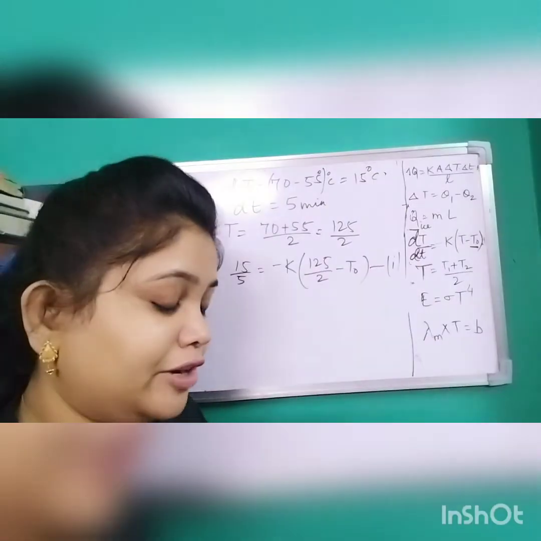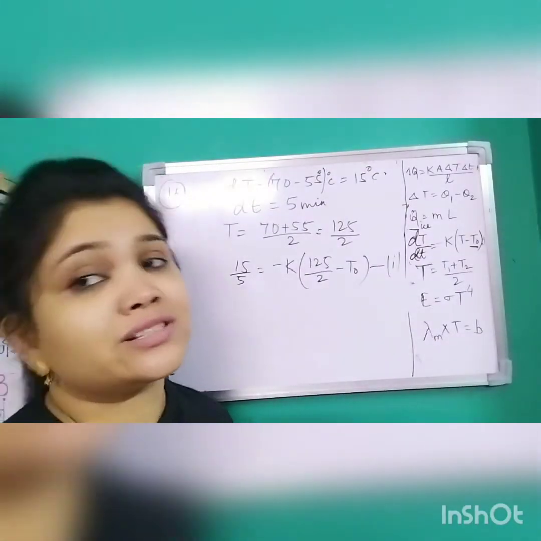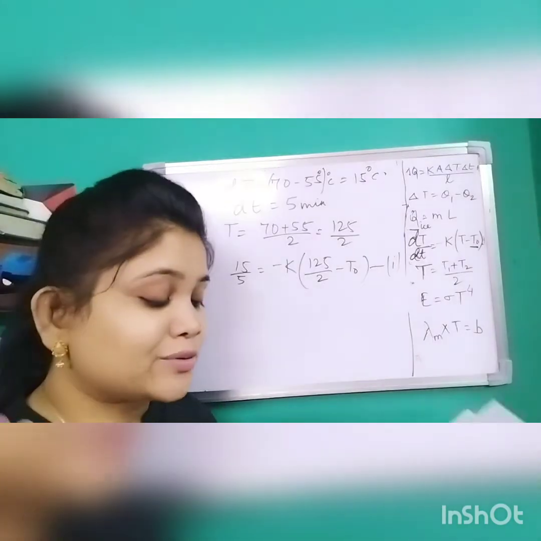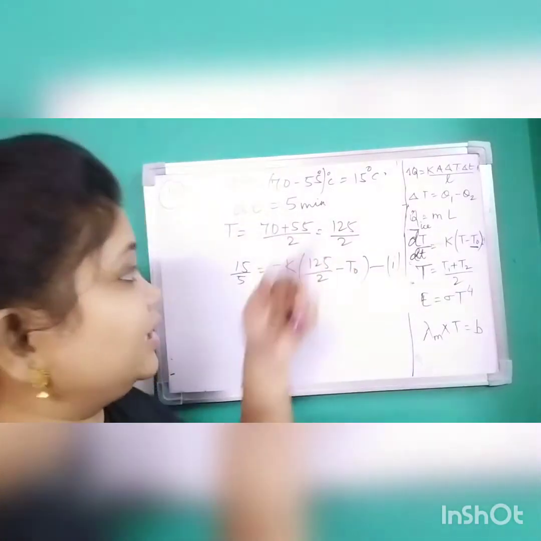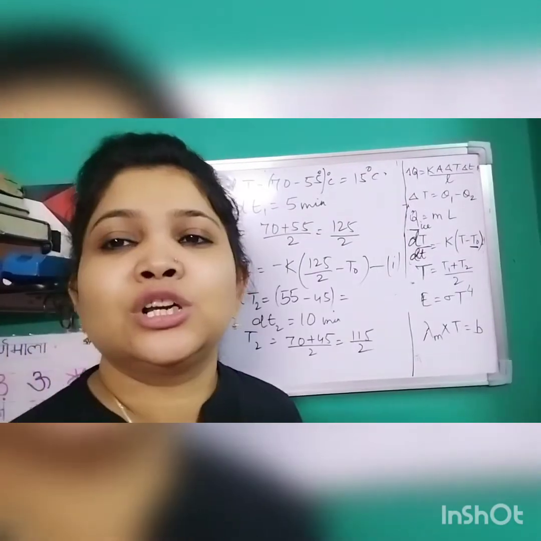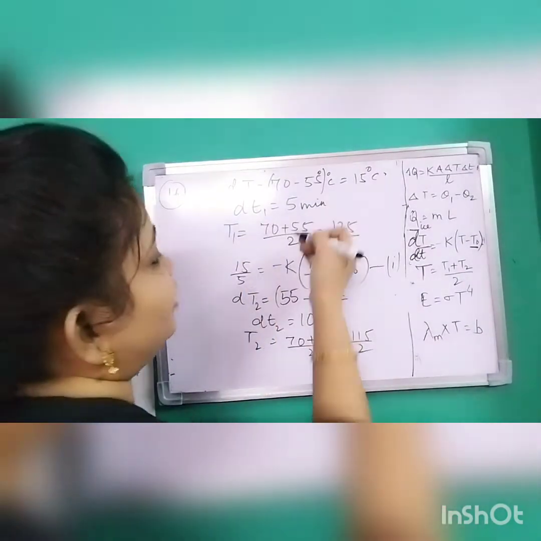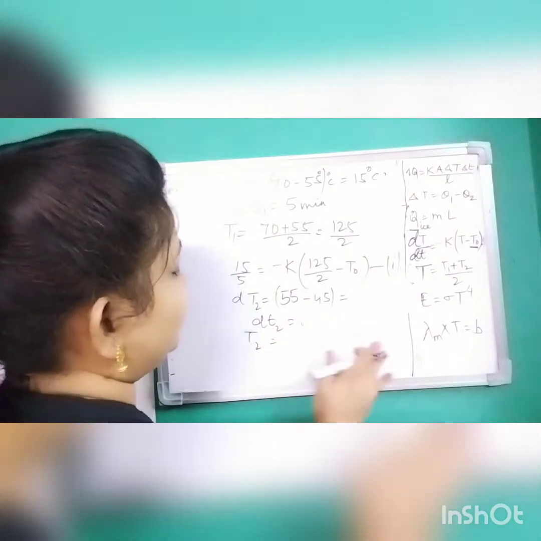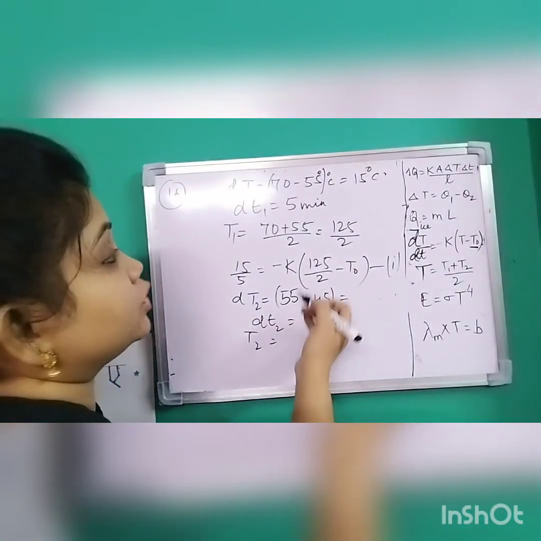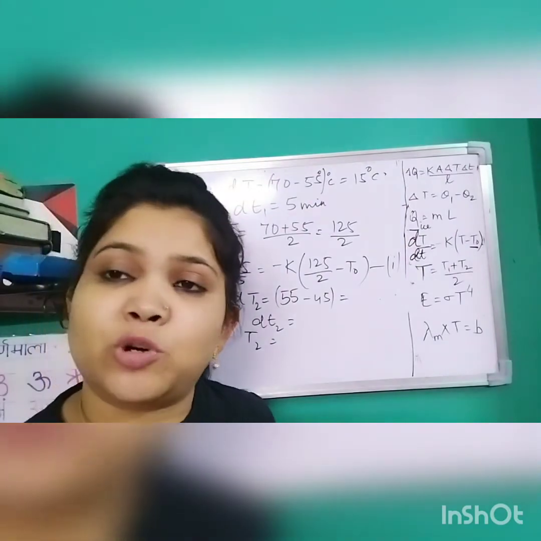Next part which is given: initially it is 70, then it is cooling to 45 degrees centigrade in 10 minutes. Similarly, for students, we have found out the T1. Now we are going to find out the T2 similarly. You see here that initially the temperature of the body was at 70.